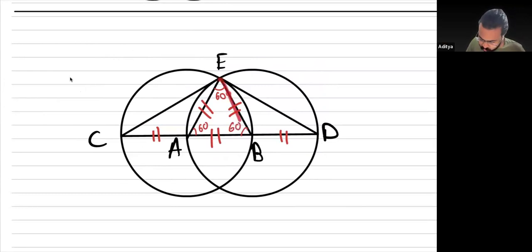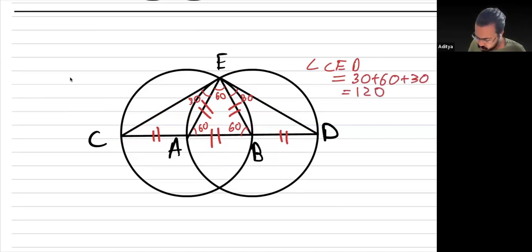And these two become isosceles triangles with the vertex angle being 120 degrees. So the base angles become 180 minus 120 divided by 2. So this becomes 30 and this becomes 30. So total angle CED equals 30 plus 60 plus 30, which is equal to 120.